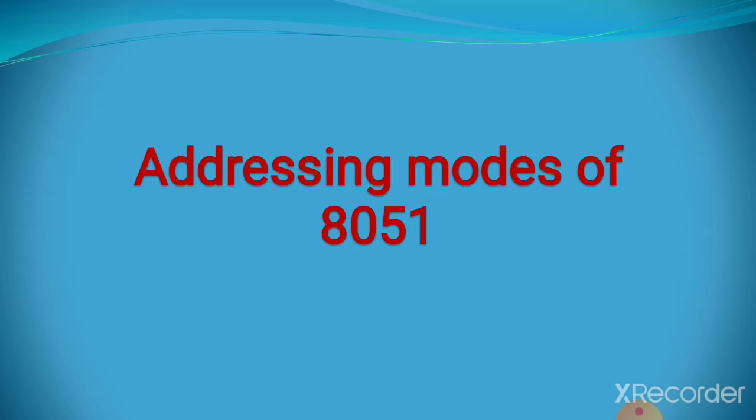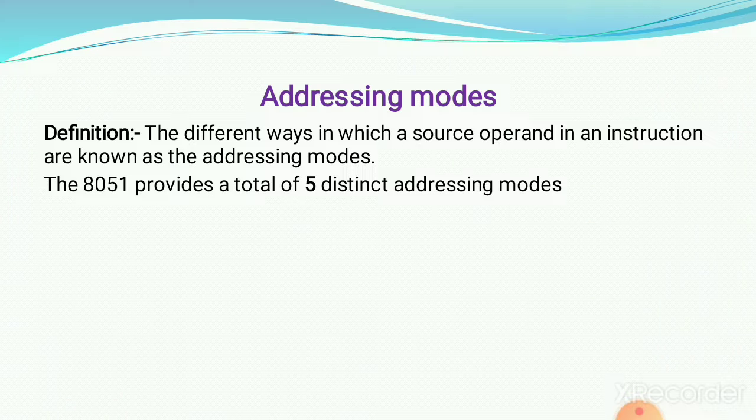Today we are going to discuss a topic named addressing modes of the 8051 microcontroller. The different ways in which a source operand is specified in an instruction are known as the addressing modes.